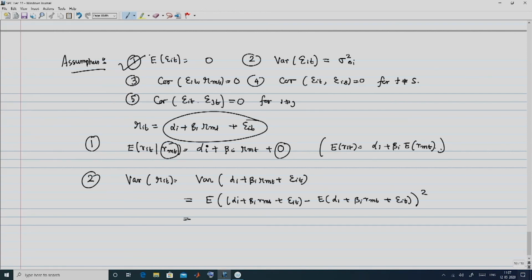Now, here this alpha_i and this expected value of alpha_i will cancel out. The beta_i R_mt terms will combine to give me beta_i into R_mt minus E of R_mt. And here this is just going to be epsilon_it, minus this term, whose expectation is going to be 0.